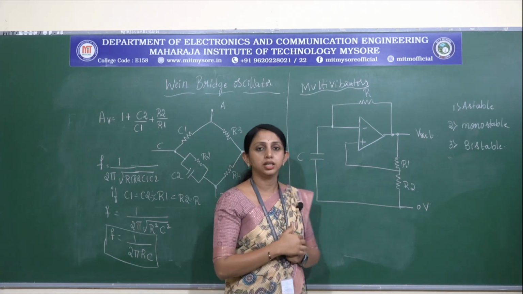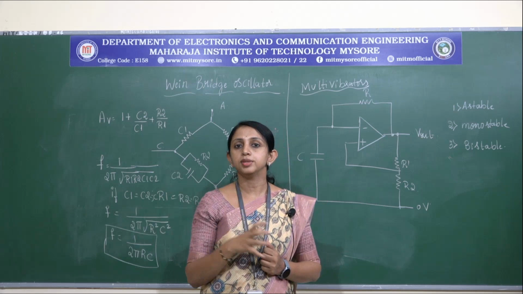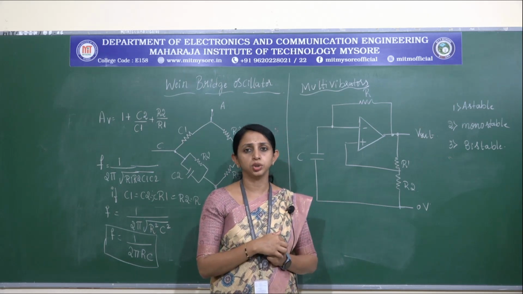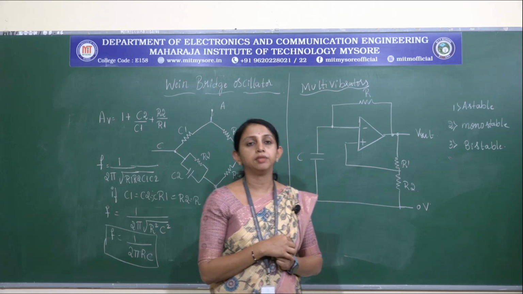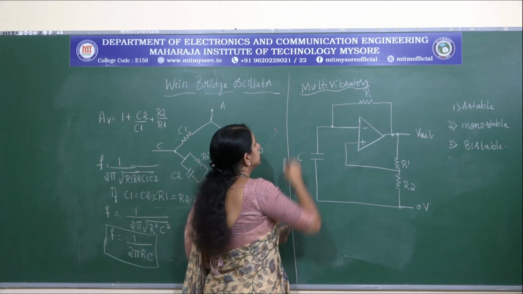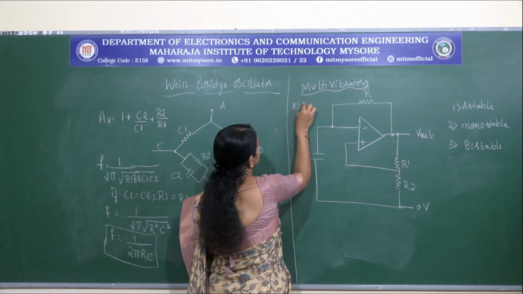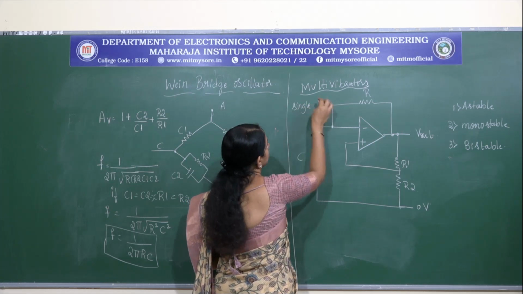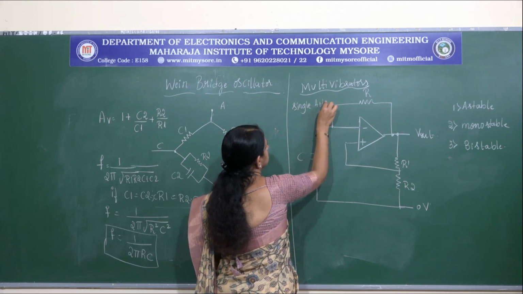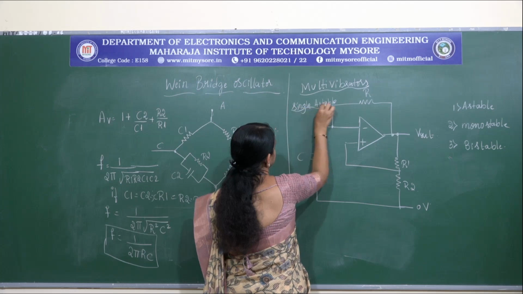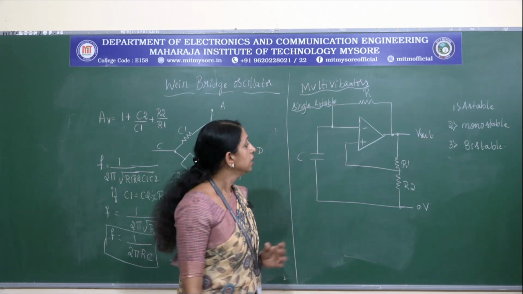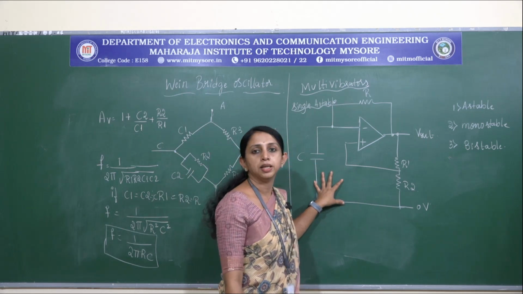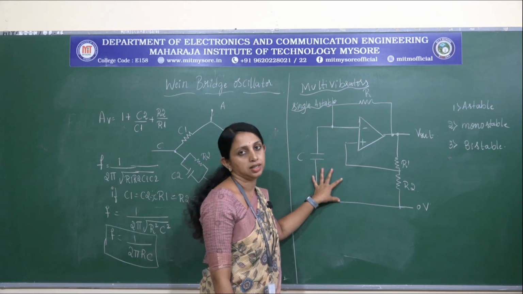Though we have these 3 types, in the syllabus of introduction to electronics, we have a type of multivibrator which is the single astable multivibrator. The single astable multivibrator circuit is like this.